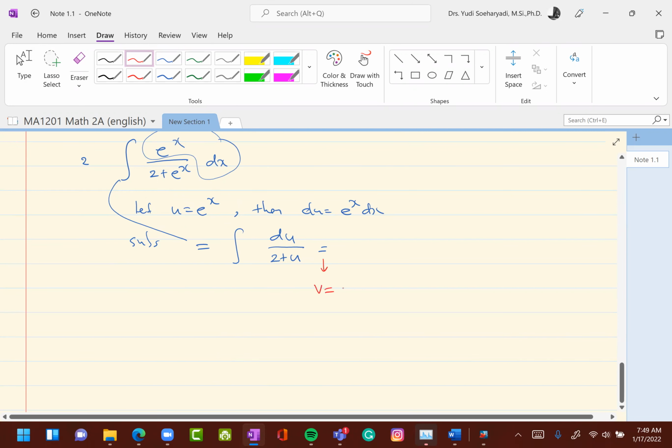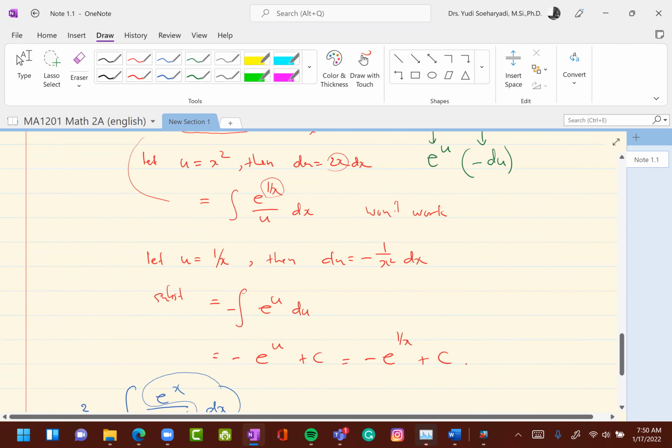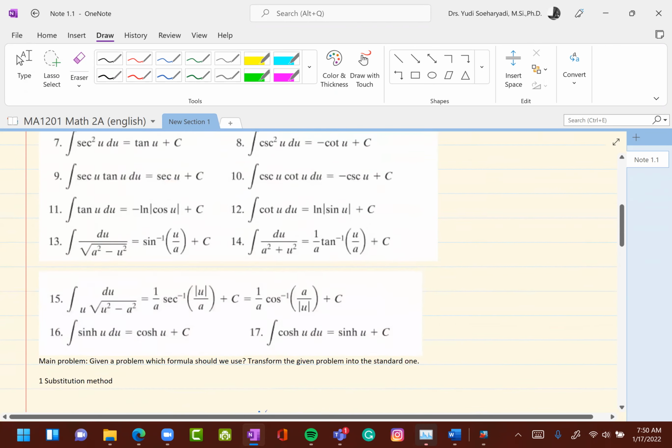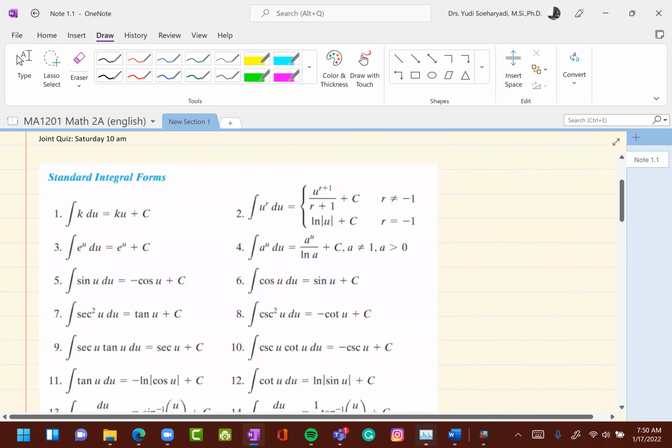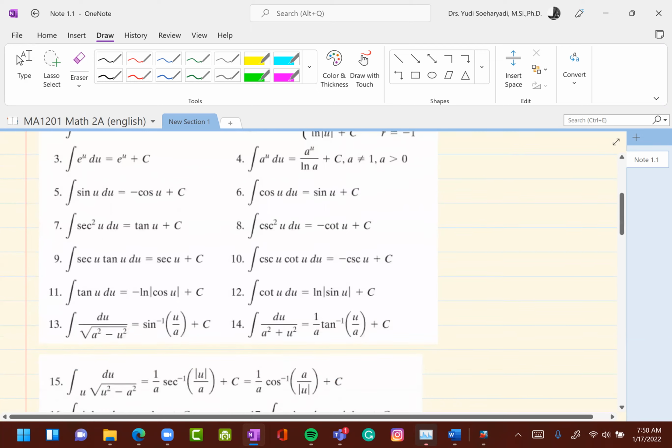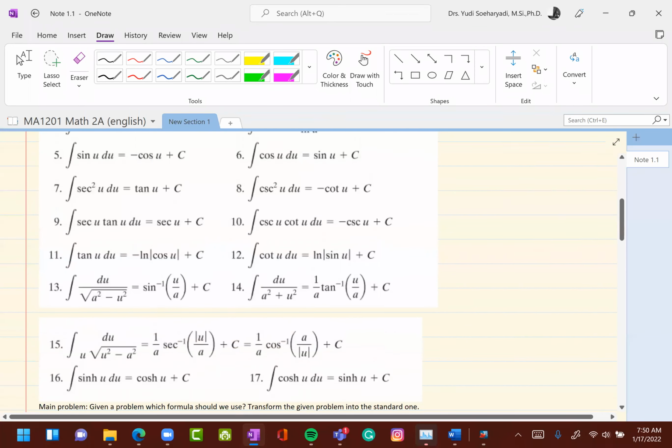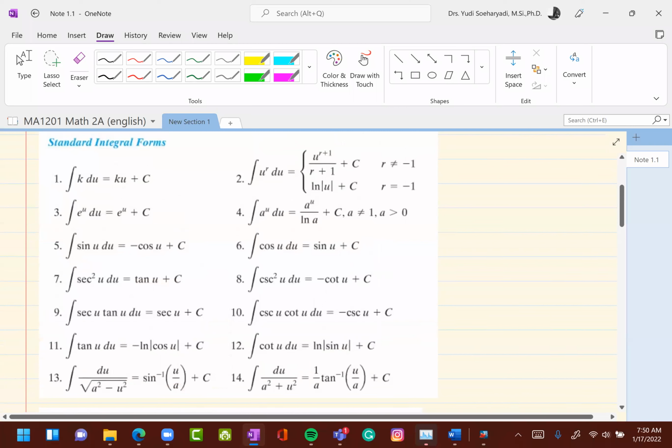Then dv is du. Okay, so another substitution gives you this v, and this is a standard formula. Show the formula again. Where is that thing? There we go. This is formula 2.